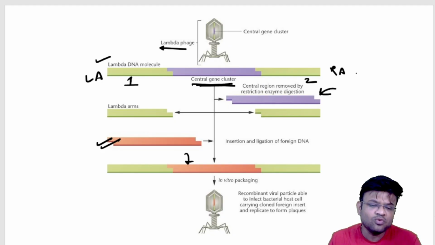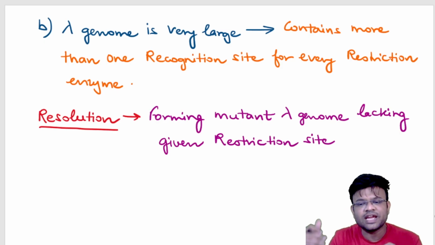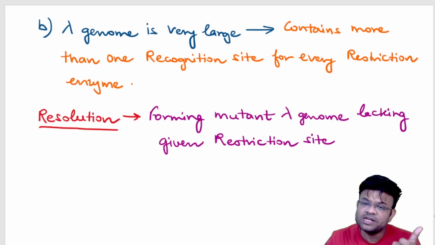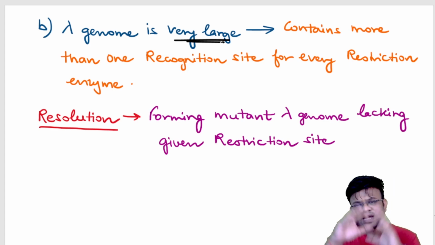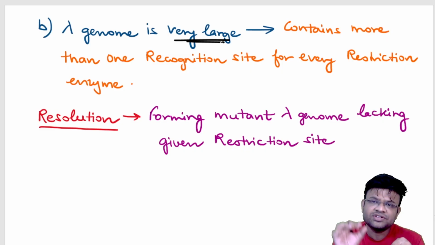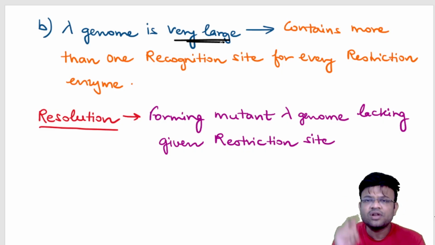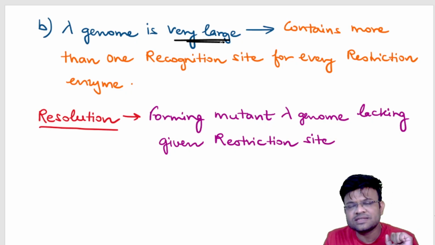Now, let me move on to the second problem. I already told you that there are two problems associated. The first problem was the size. Now, what is the second problem? The second problem is, as I've already said, that the lambda genome size is very large. Also, inside the lambda genome, there are many restriction sites for one restriction enzyme. Let us understand this again.